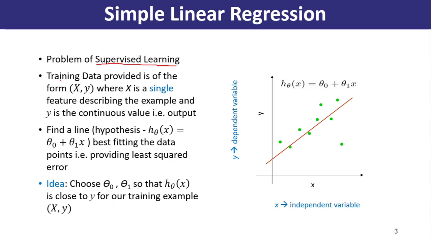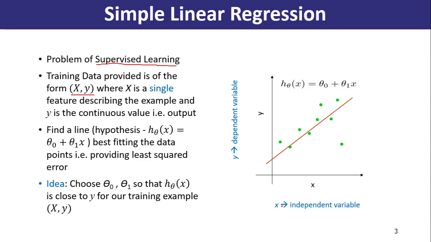So we have been provided with some training data, and this training data is of the form x, y, where x is a single feature describing the example and y is the continuous value output. As we are discussing simple linear regression, please note that we have only one feature describing the example.